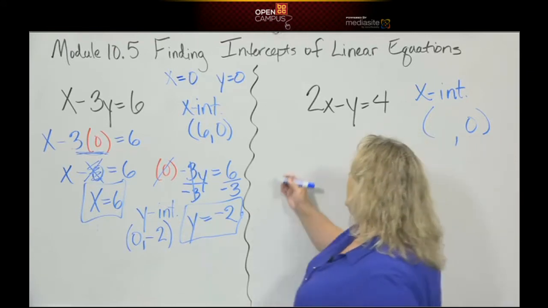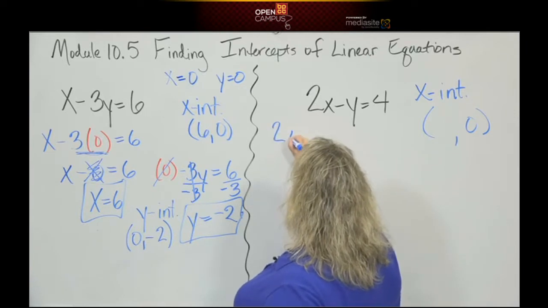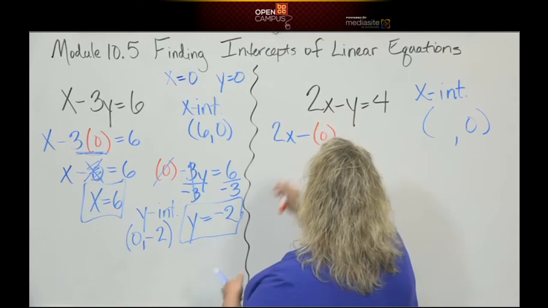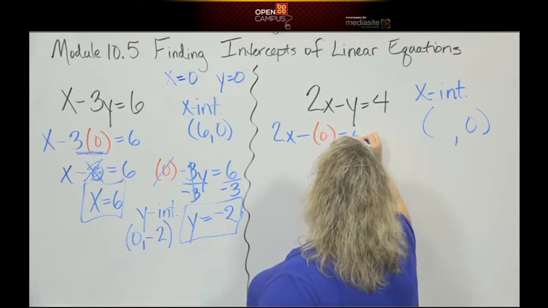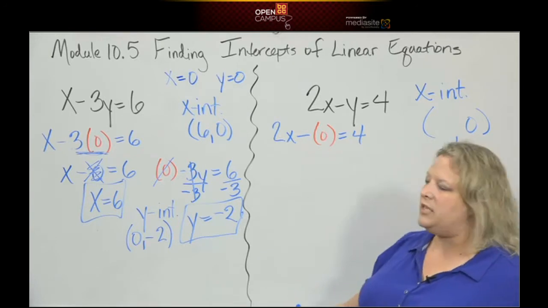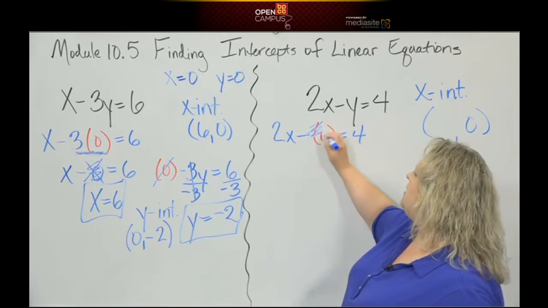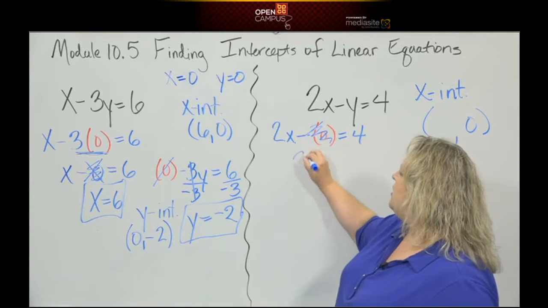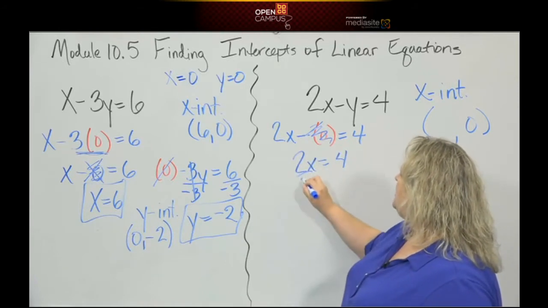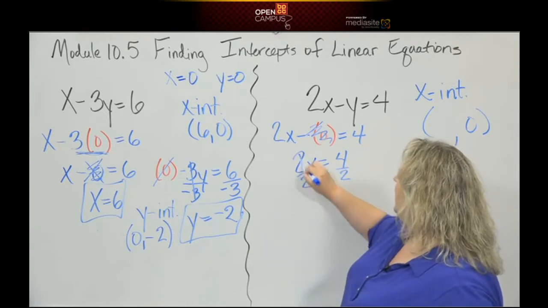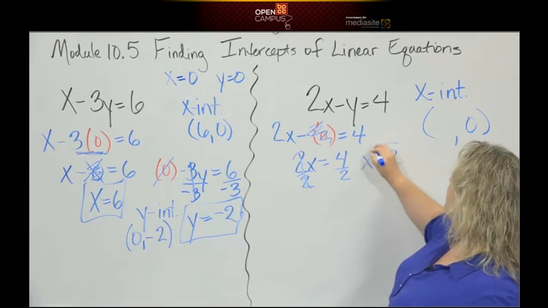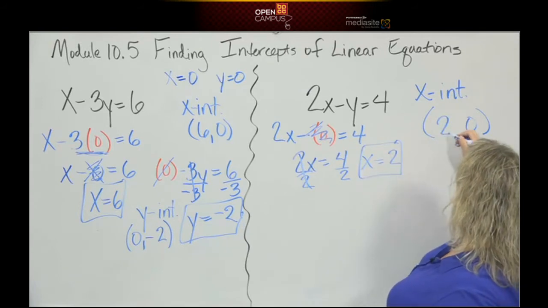So let's do that: 2x minus 0 equals 4. Again, does 0 really change anything? No, so you can just scribble that out. You get 2x is equal to 4. Then I divide by 2, and I get x is equal to 2. So my x-intercept is going to be 2, comma, 0.